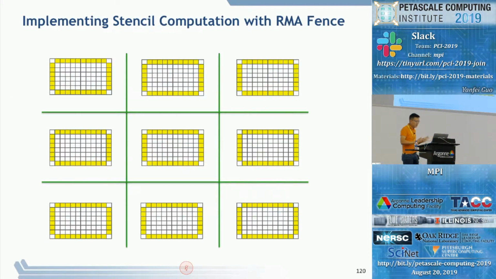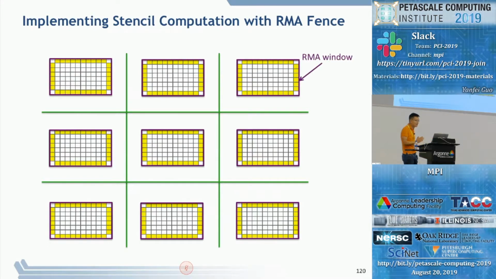With the fence model, one thing we can do, if we think about our stencil example, is change the point-to-point version and implement it using RMA fences. Essentially, each process can expose its data region as an RMA window.